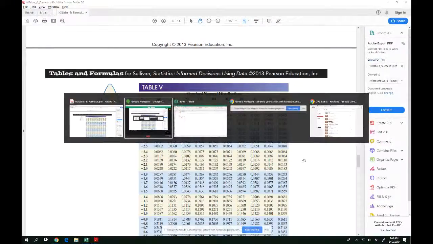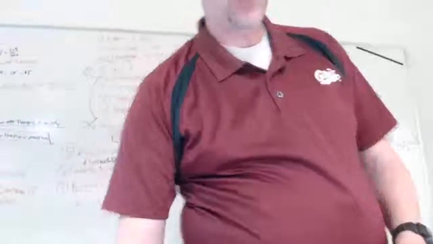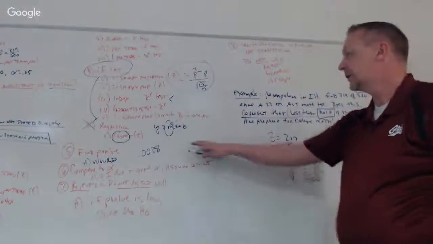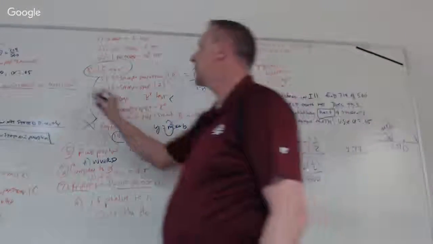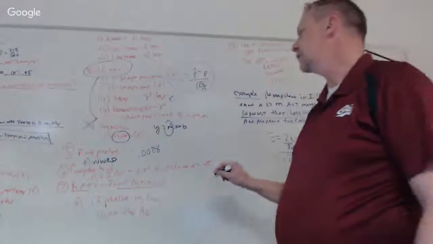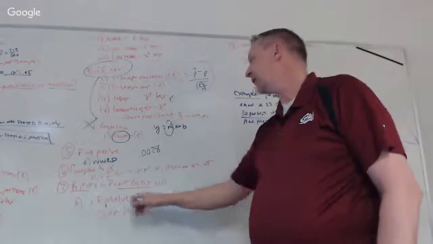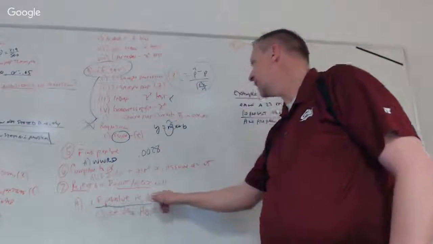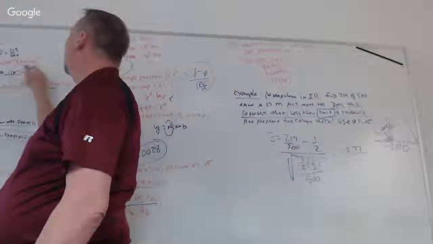Now we're going to compare that to alpha. Okay? 0.0028 compared to alpha. And the alpha is 0.05 here. Okay? So do we reject or do we not reject? And the question you should ask yourself is, is my p-value lower than my alpha?